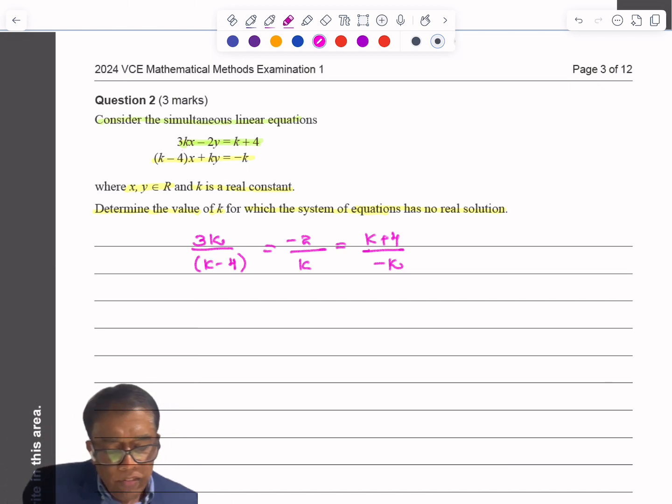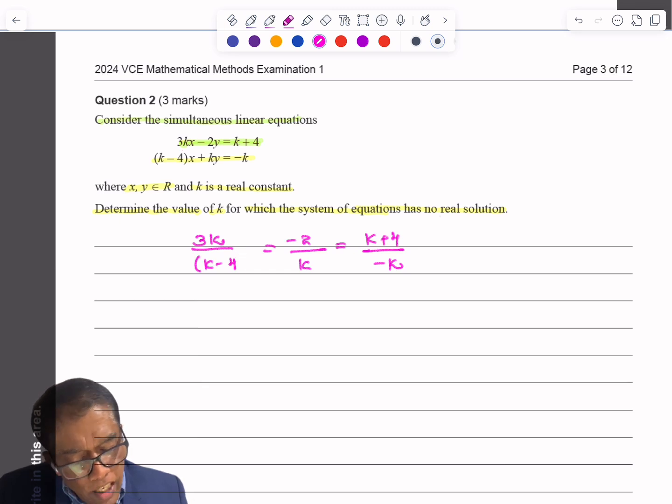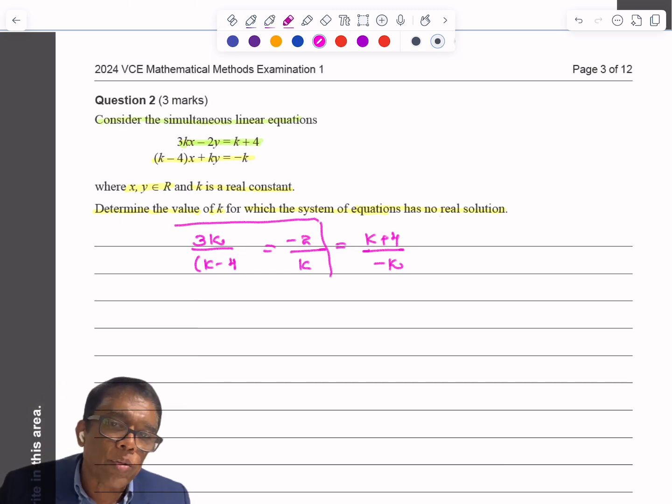We are asked to find the value of k such that there are no real solutions. That means the first two ratios are equal and the third one is not equal.